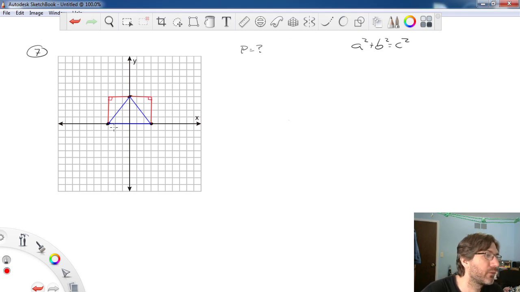And then this distance here you should know off the top of your head just by counting your blocks. I know this distance here between these 2 points just because it's a horizontal line. So that is 1, 2, 3, 4, 5, 6. So I know this distance is 6. There you go. You got that.